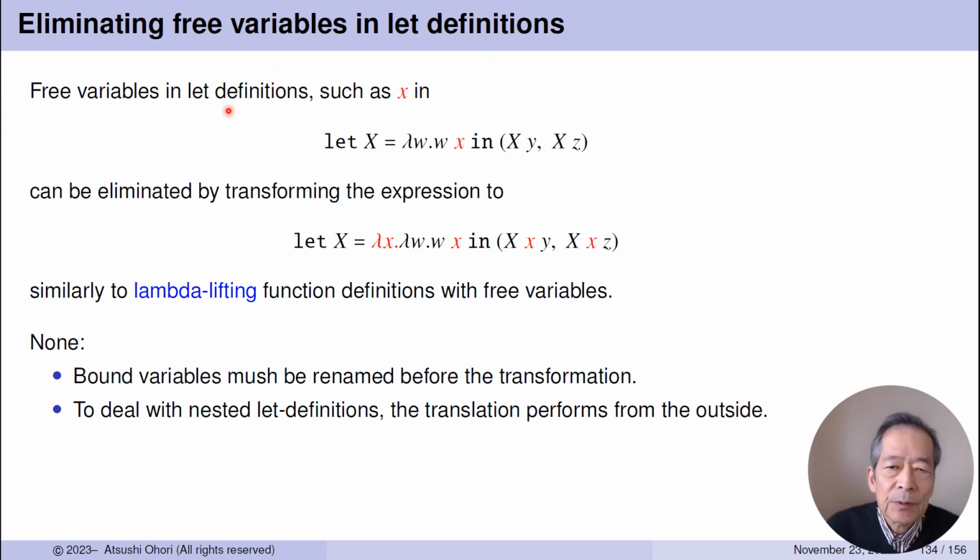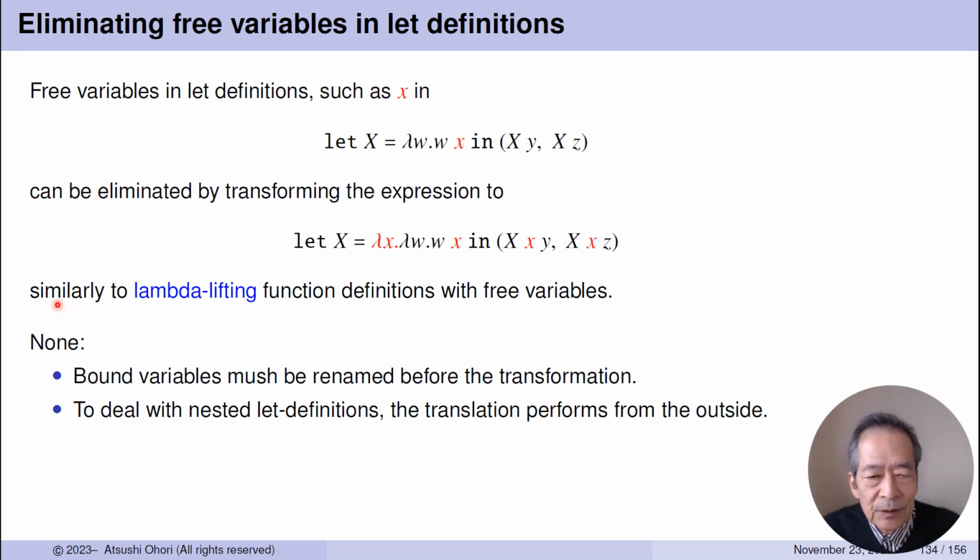Free variables in let definitions, such as x in this example, can be eliminated by transforming the entire expression to this form: inserting a lambda at the definition site to make it closed, and then at the time of usage, here x and x, we apply it to the same free variable x, same as before. So this is the transformation.